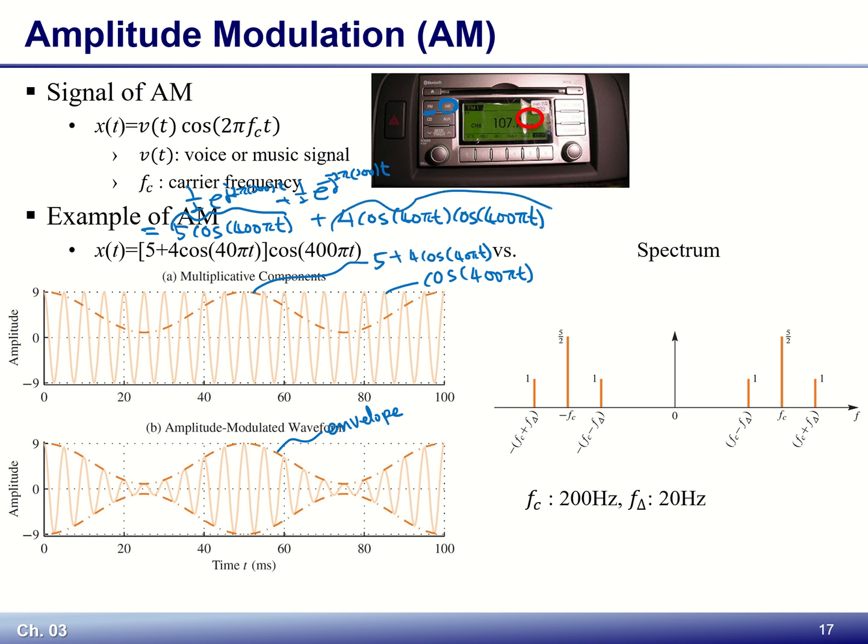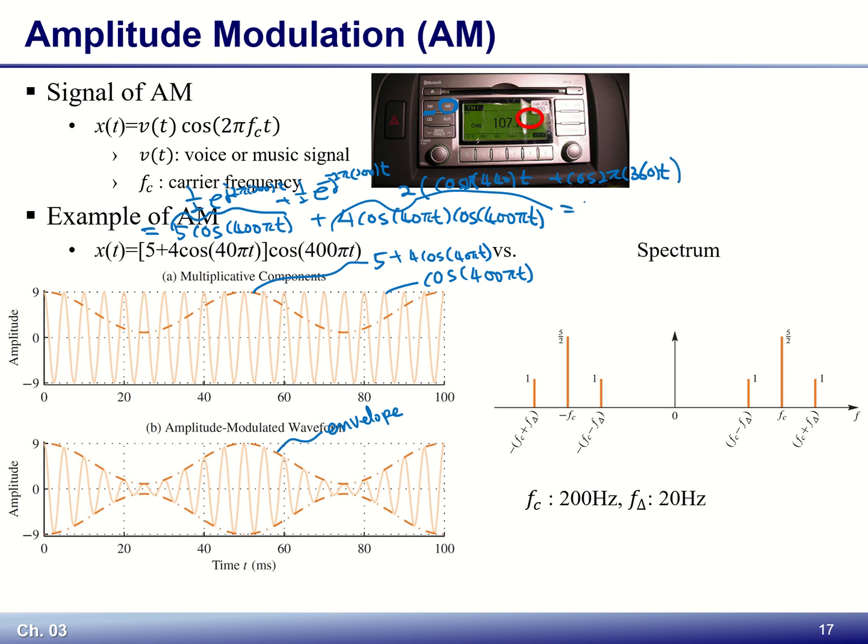This one becomes 2 cosine 2 pi 440t plus cosine 2 pi 360t.